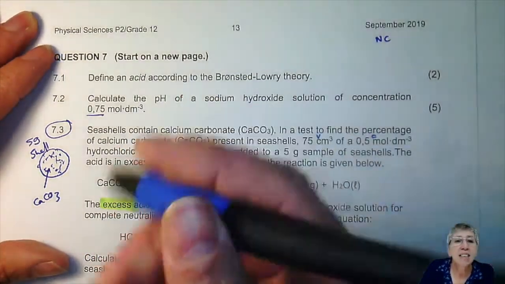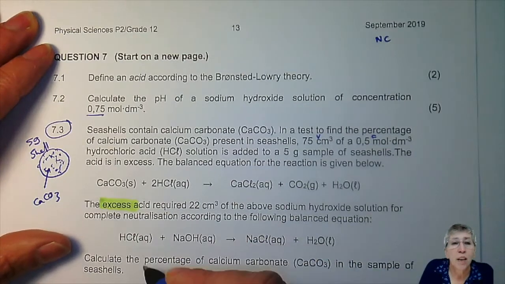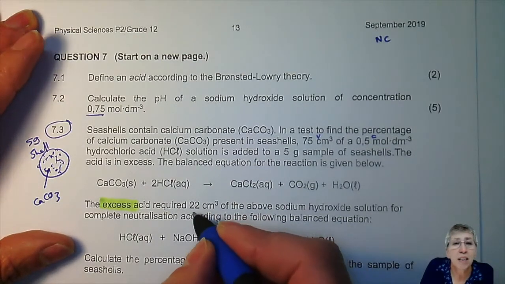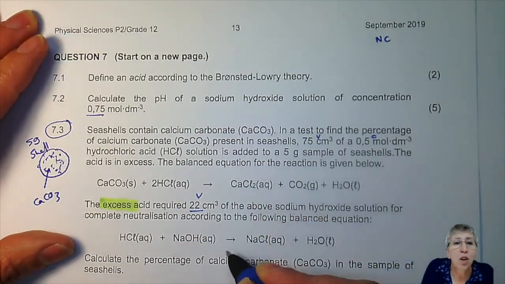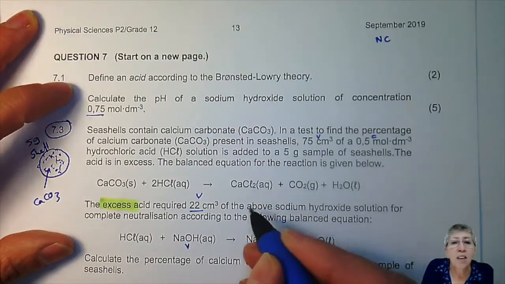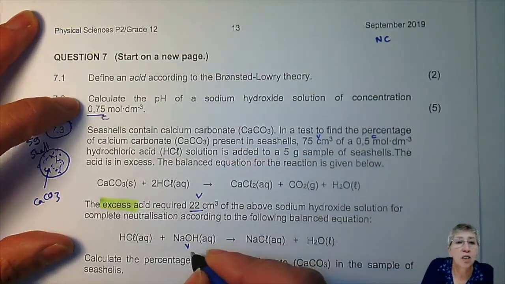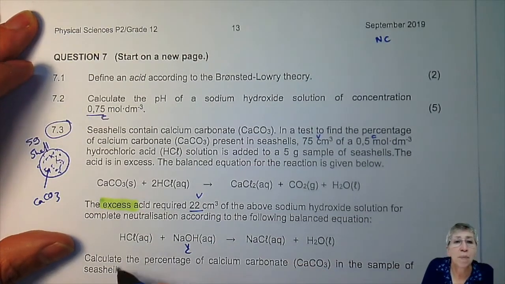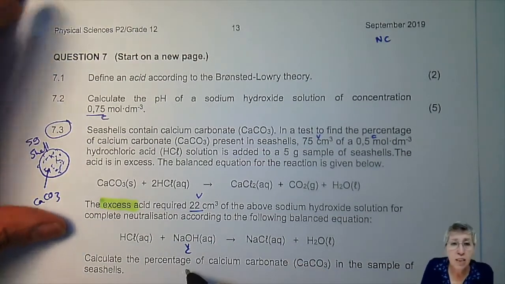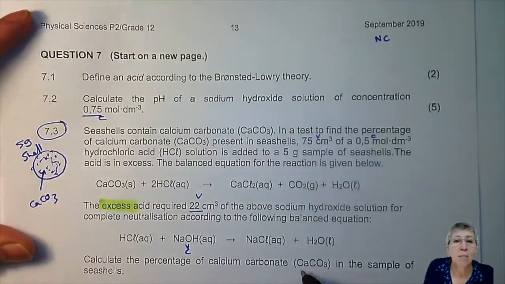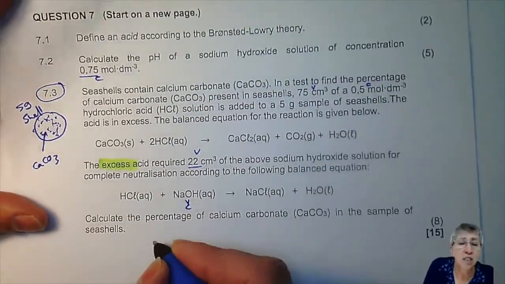So the excess is then required to react with 20 cube centimeters. So there they're giving me the volume of that and of the above sodium. So there they already gave us the concentration. So we've got concentration and volume. And they're asking us for the percentage calcium carbonate in the seashells.